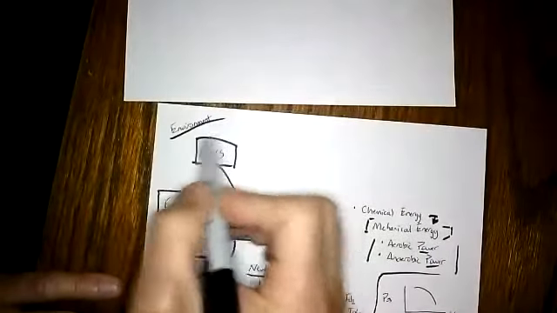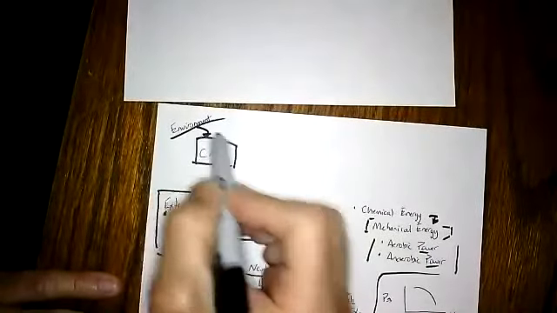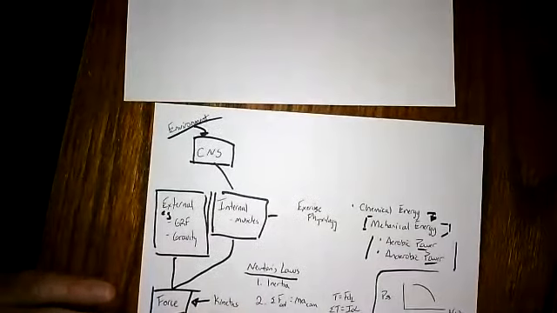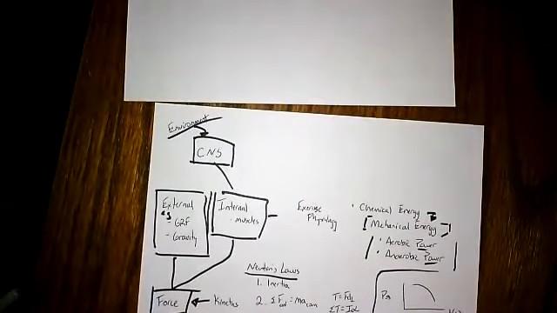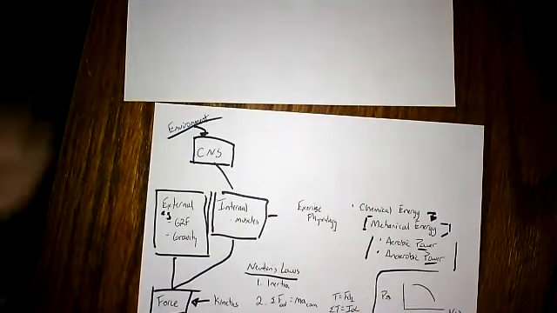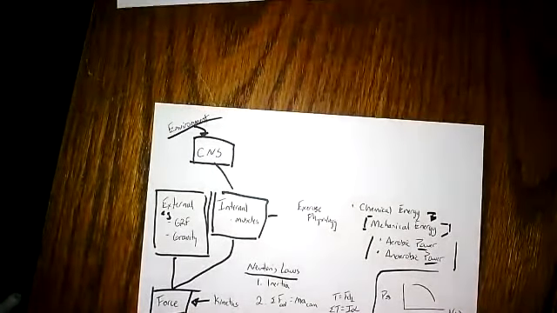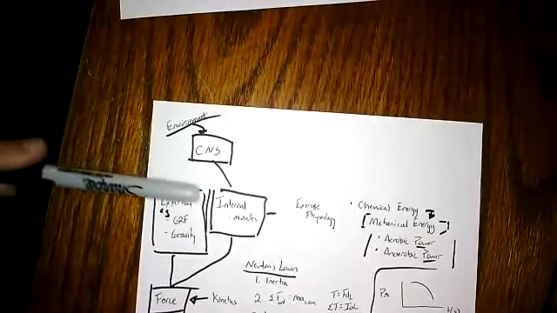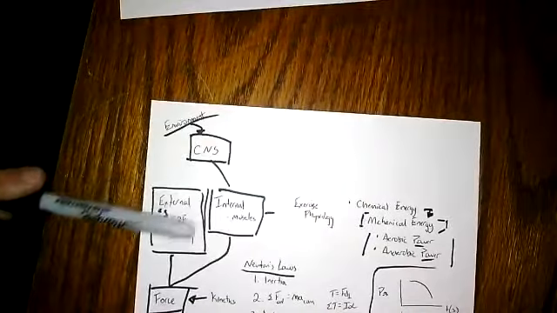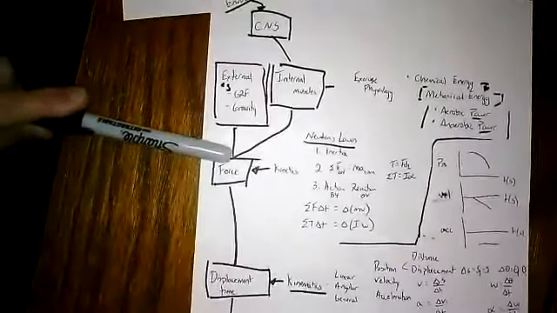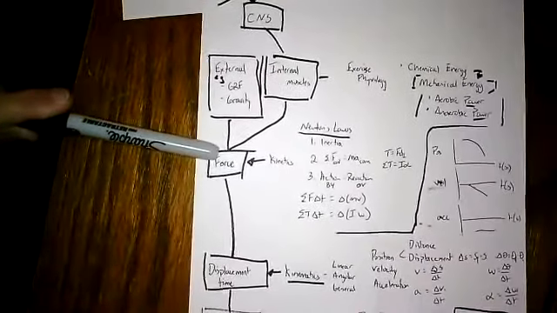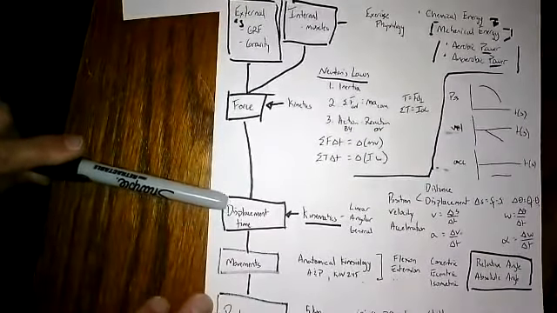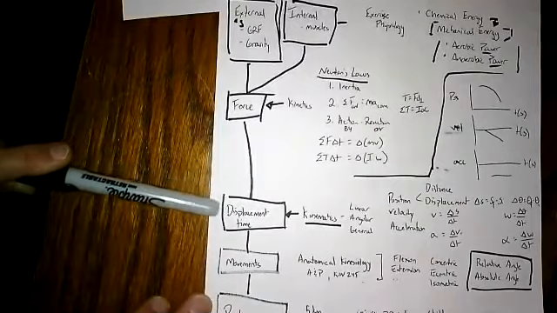And I put environment up here because environment can influence what the brain is doing. We talked about that in the beginning of the class with the pressure of performing in front of a crowd or what have you. If we send the wrong signals to a muscle and the muscles generate the wrong amount of force, or apply it at the wrong time, then that's going to create a wrong displacement in a period of time.